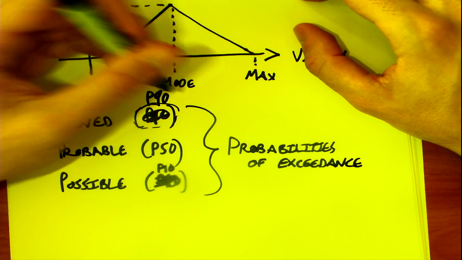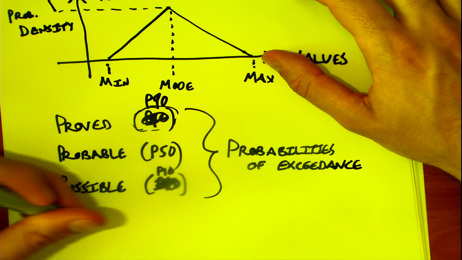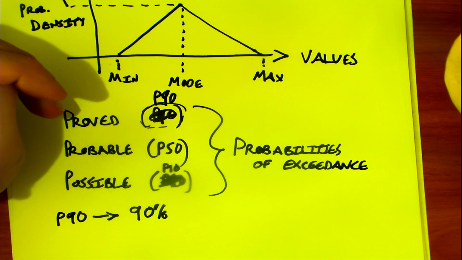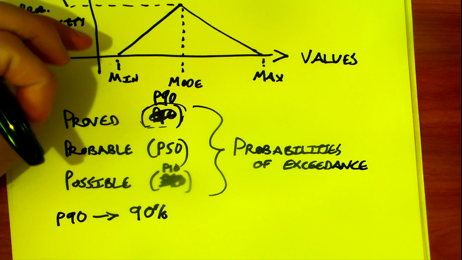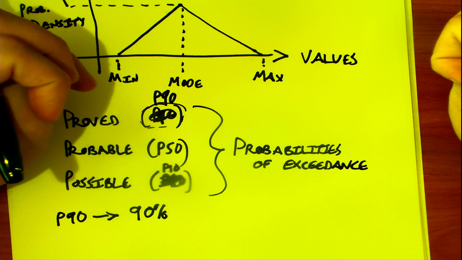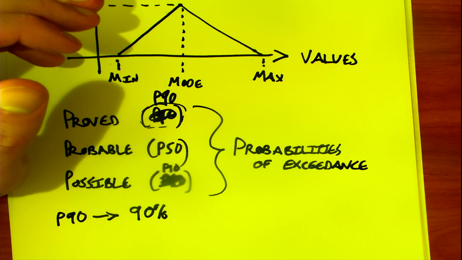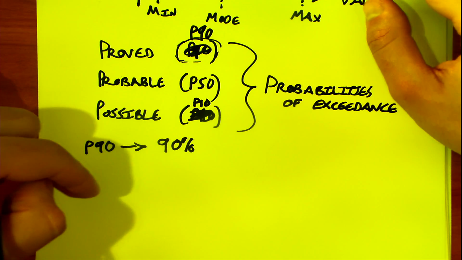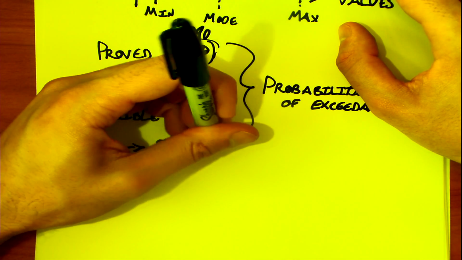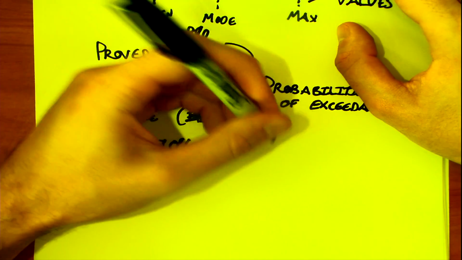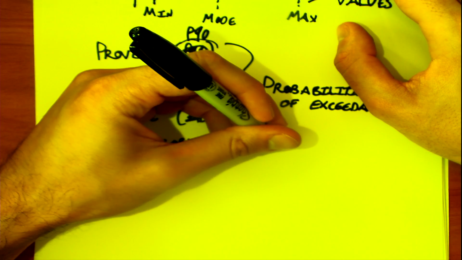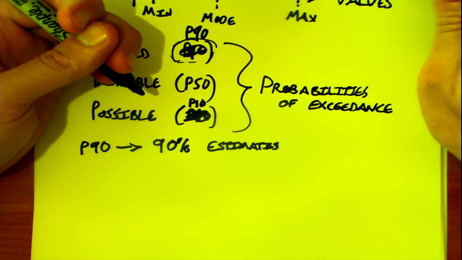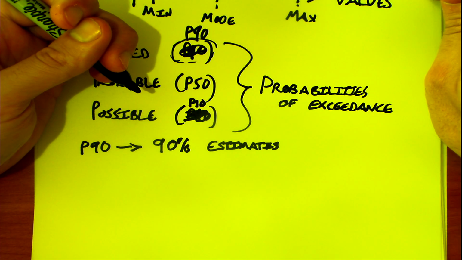What this means is that for P90, 90% of what you might encounter down there will exceed whatever the P90 estimate is. So if you have an estimate for, say, the original oil in place, there's a 90% chance that you will exceed that estimate in terms of what you actually get out.